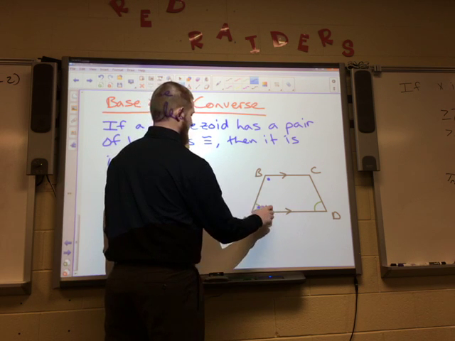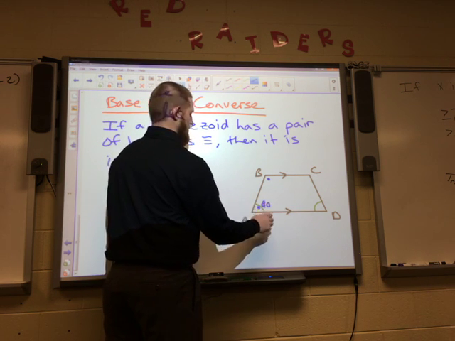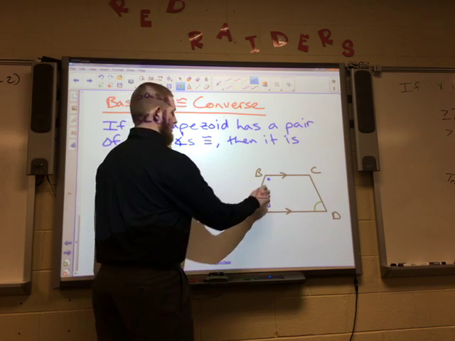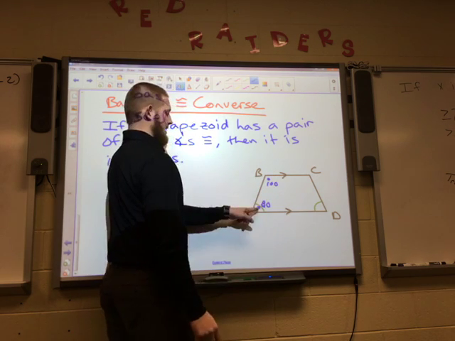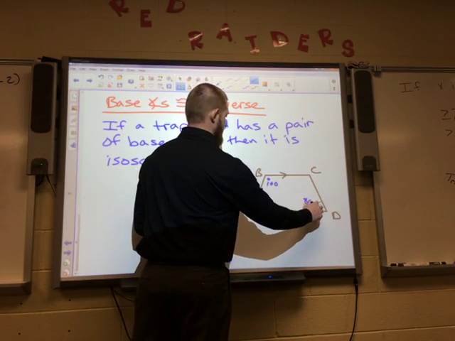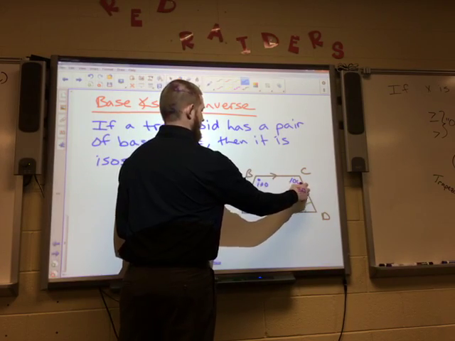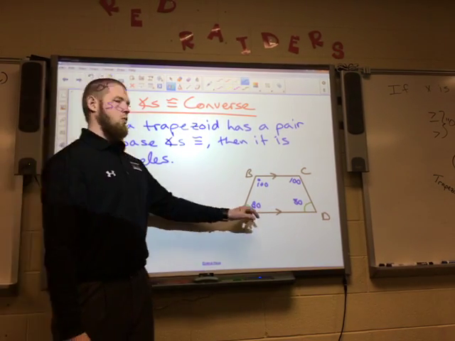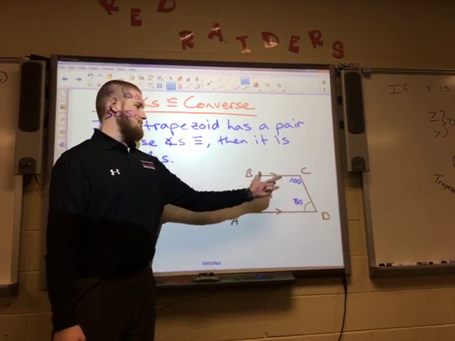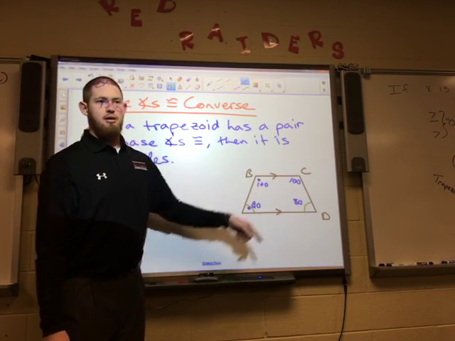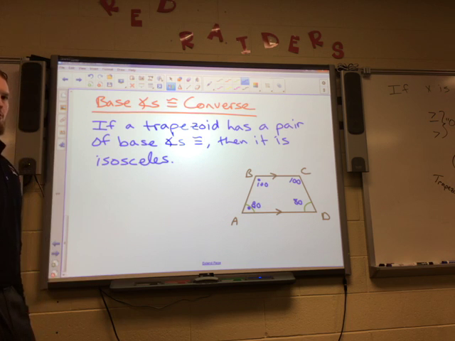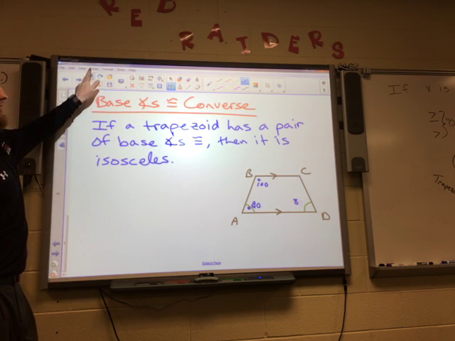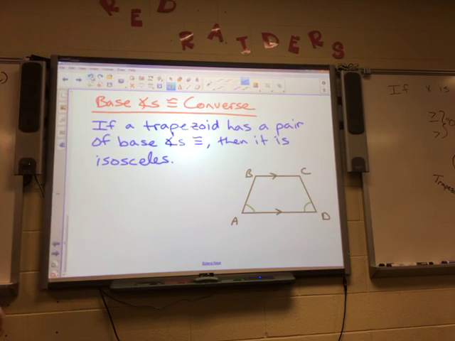Let's go a little bit higher. Let's go 80. Then that must be what? 100. Well, if that's 80, then that has to be 80, which makes this 100. So aren't they congruent anyways? That's why you only have to have one pair, because you could always prove the other pair using your parallel lines anyways. That make sense? So that's why they put that as a converse and not a biconditional statement, because it's a little bit different.